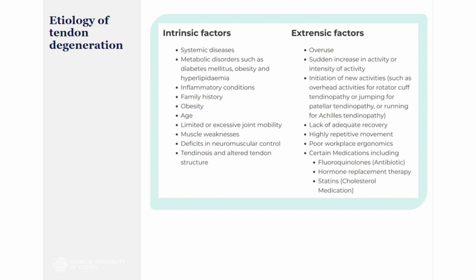This is also a very, very well-known concept in sports medicine, the intrinsic and the extrinsic factors leading to tendon overuse. The intrinsic factors are inborn in the patient's body. The extrinsic factors are from outside. And you see this list over the years has become very long.